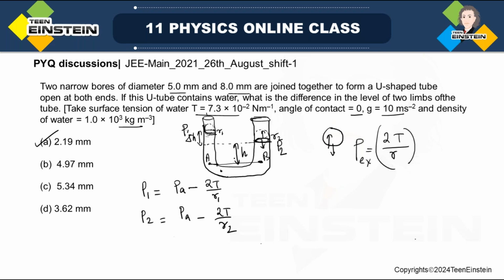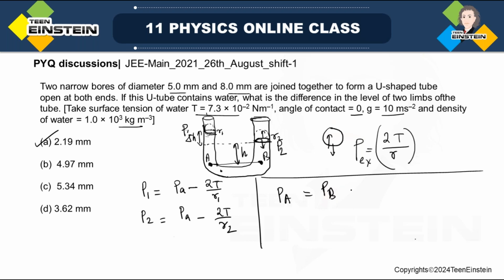Since these excess pressures are different in different arms, there will be different pressures, and that's why there will be a level difference also. Now if I take these 2 points horizontally, their pressure should be the same. PA must be equal to PB because they are at the same horizontal level, right?